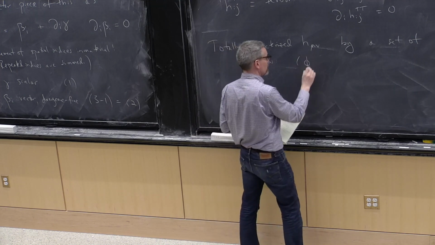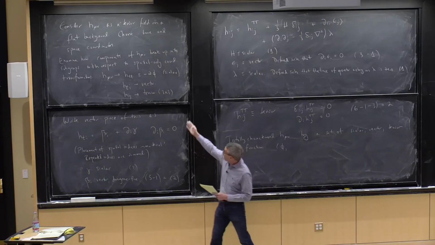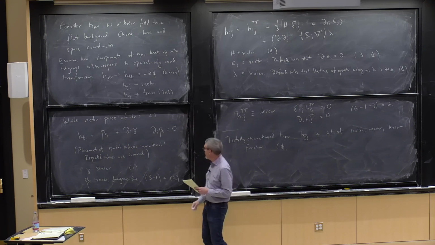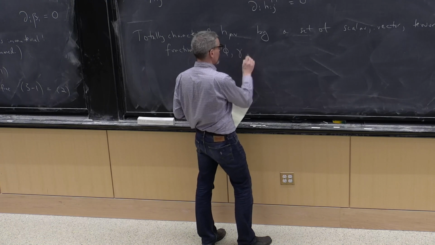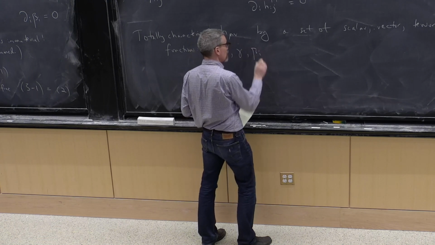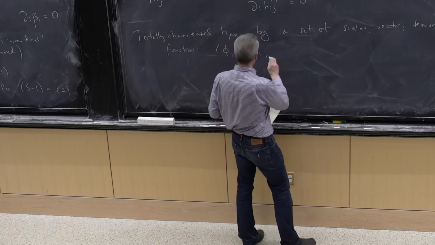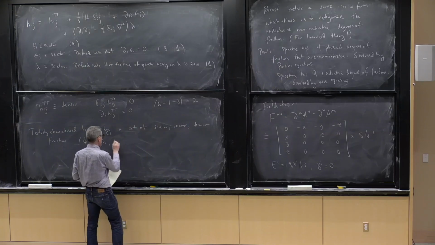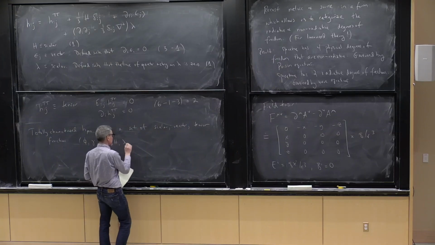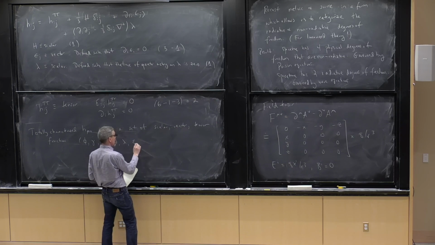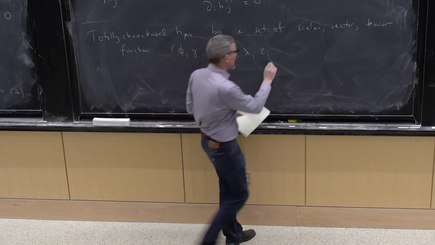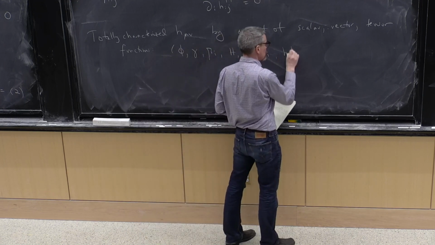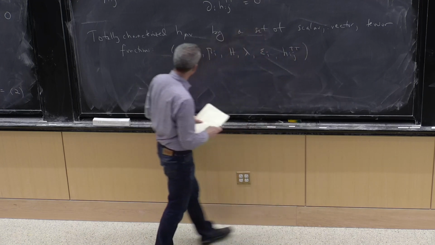I have a scalar phi, which I have over here. It's my time piece. I have a scalar gamma. I have a vector, beta I. I have a scalar h, a scalar lambda, a vector epsilon I, and finally a tensor, hij tt.